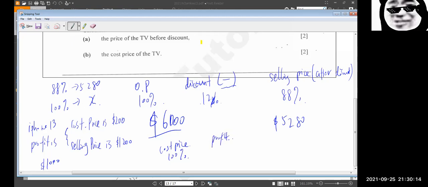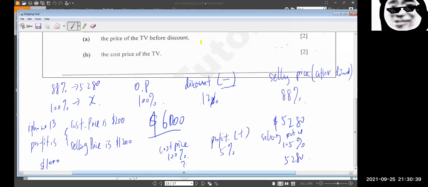Profit is always plus, because you make profit, not loss. Loss is minus. So profit is 5%. Therefore your selling price is at 105%. In this case, the selling price is 5280.